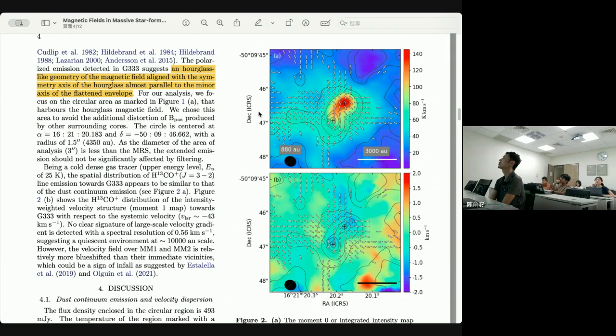Sorry, this one is MM1 and this one is MM2. Yeah, the difference between the modeling and observation only happens in MM1, but they have the angular dispersion, like the angle difference, in both MM1 and MM2, since they have polarization observations toward these two regions.